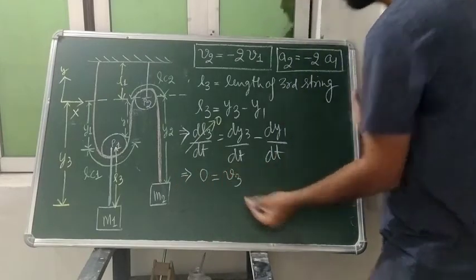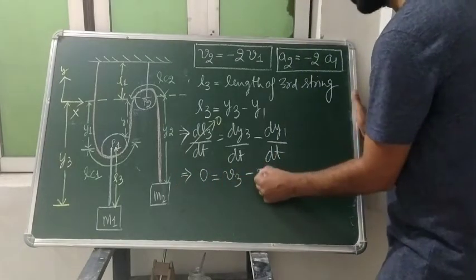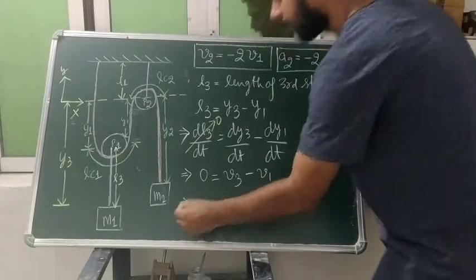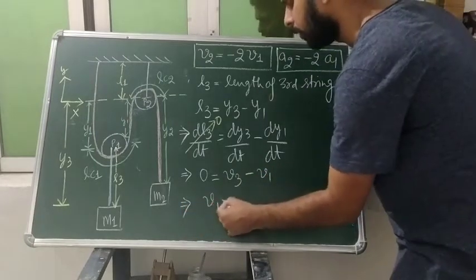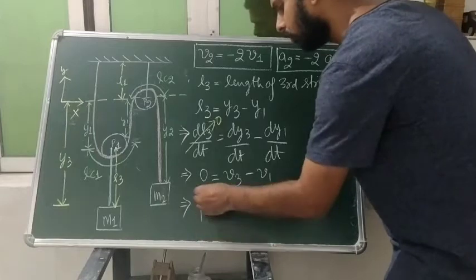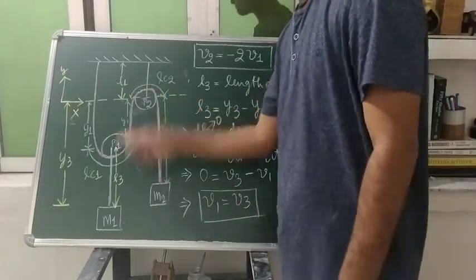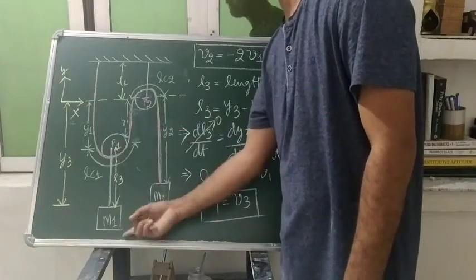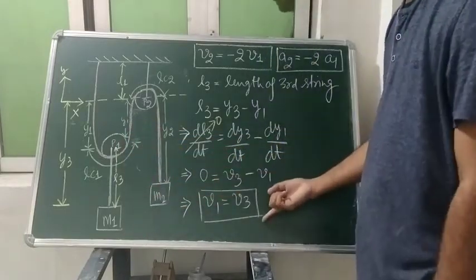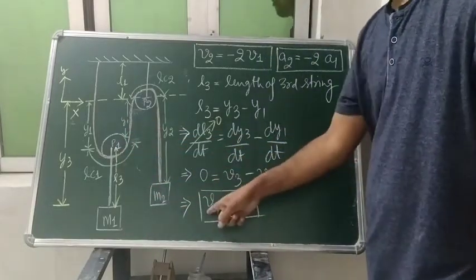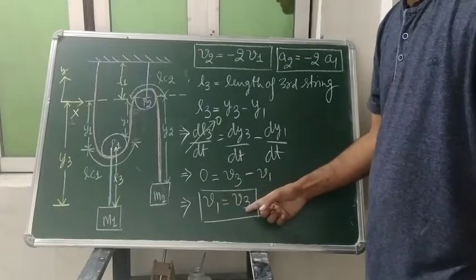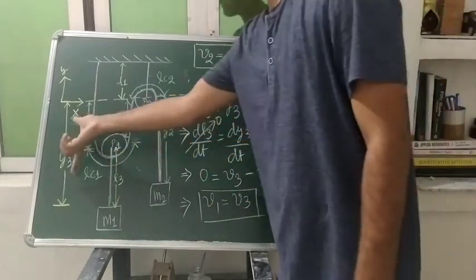This v3 minus this v1, meaning that v1 will be equal to v3. So we can see that whatever will be the velocity of this pulley P1, the same will be the velocity of this M1. Because M1 is equal to what, student? V3. And what is V3 representing here?